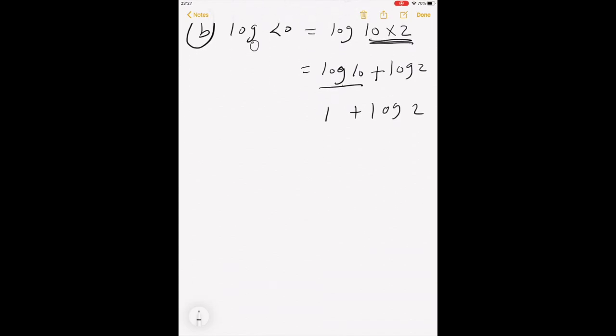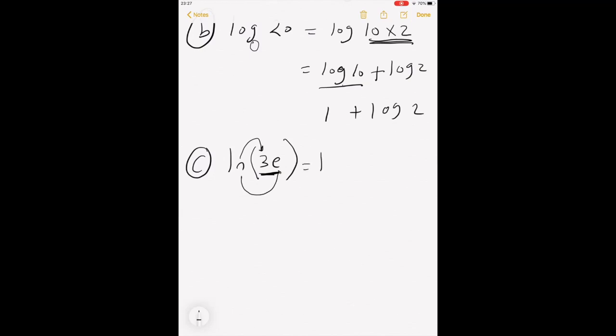Let's look at C. So C says ln, which is again the natural log, of 3e. And here again this is multiplication. So in order to make it easier, put the brackets and then do the rule we said before.